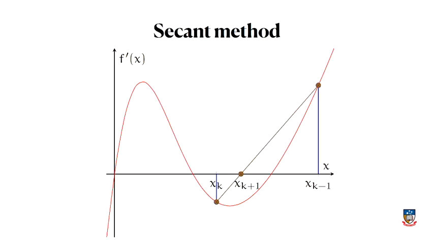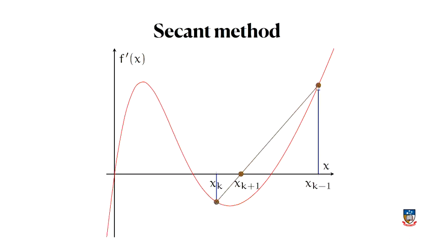If I've got two guesses at where my minimizer is, I'm thinking about Newton's method in its root finding format here. If I take xk and the previous iteration, xk minus 1, I can evaluate f prime of x at those two values. I get these points here.